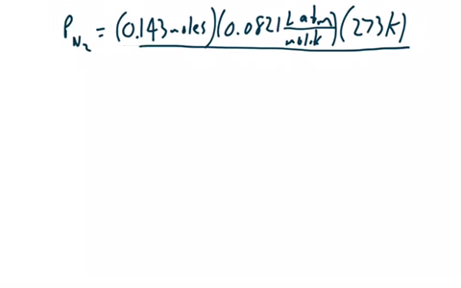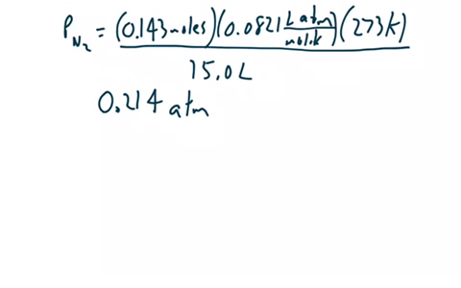And then, of course, we're dividing by the volume, which is 15. Okay, so let's go ahead and do that. When you do the math, you're going to get a partial pressure of nitrogen. It should come out to 0.214.